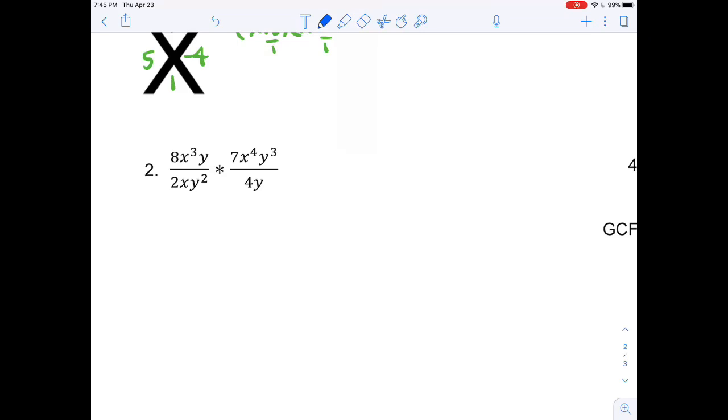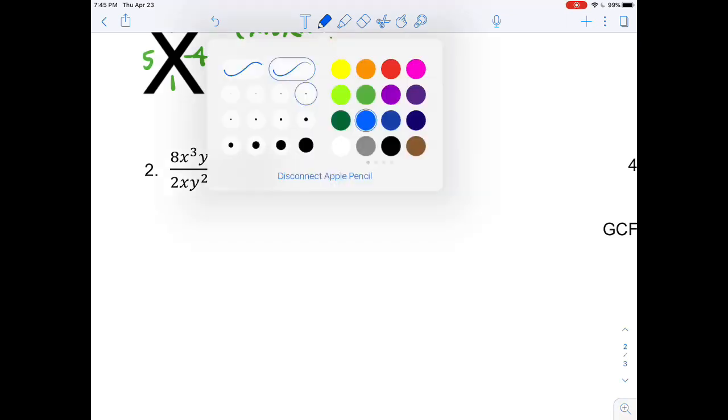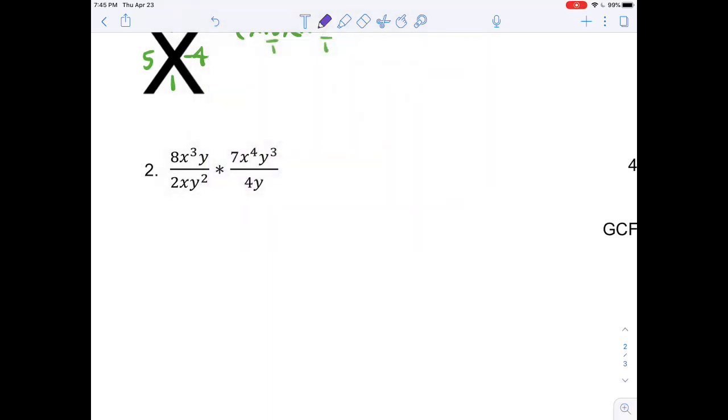There is a little bit different way that we want to approach this one versus the ones that needed to be factored first. So I want to make ourselves a note here.